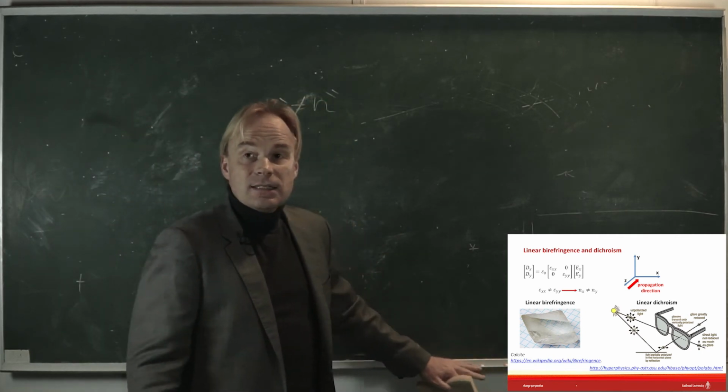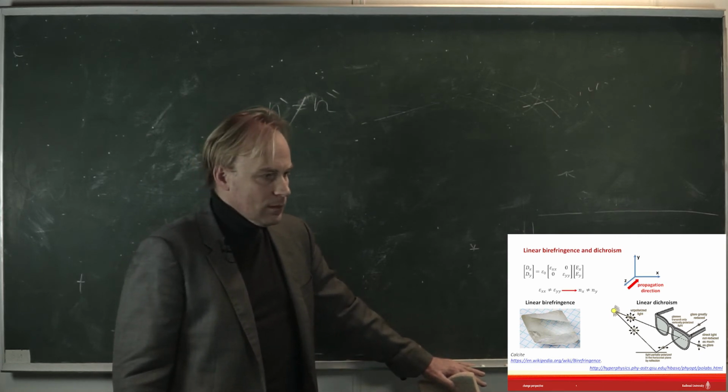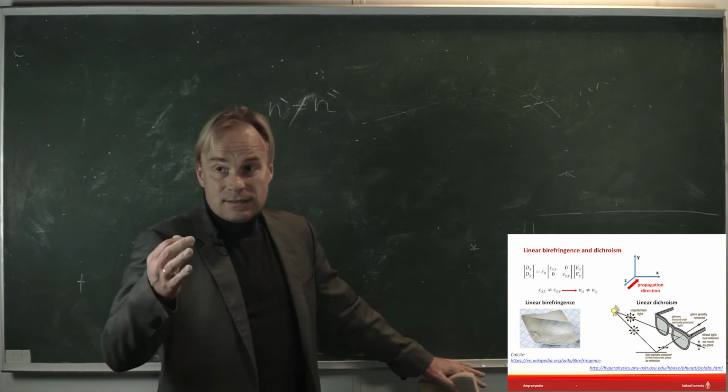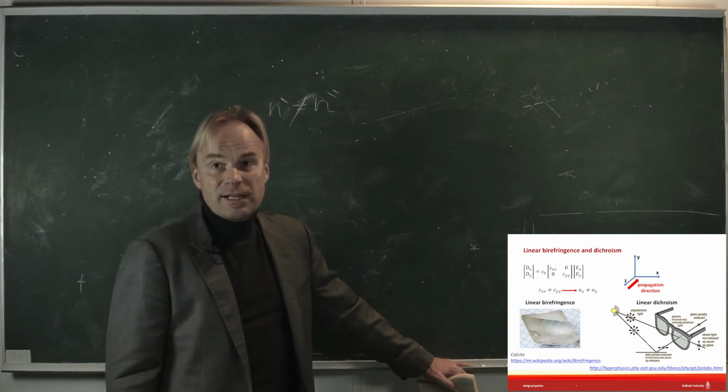Since, as we discussed during the last lecture, refraction will never exist without absorption, if there is refraction, if there is linear birefringence, we can also talk about the effect of linear dichroism.